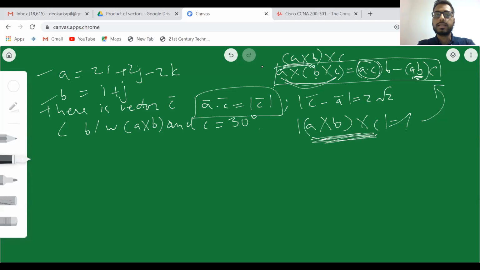A and B are given to me, therefore A dot B is going to be AB cos theta. But how much would my theta be? Whenever I use the dot product, I can use this. The angle between A cross B and C is given as 30 degrees. From here, I can find the angle for A dot B. I have all my terms, and I'm going to substitute all of them to get my final answer.